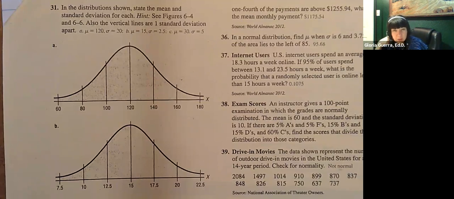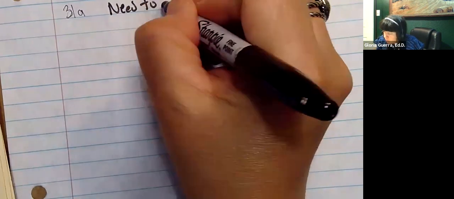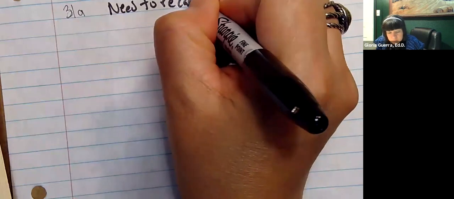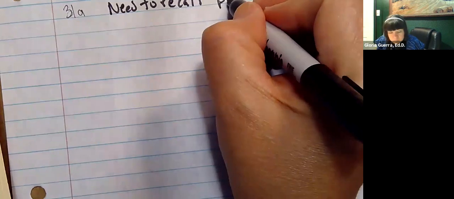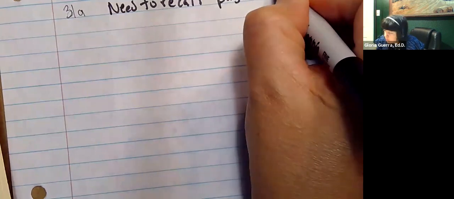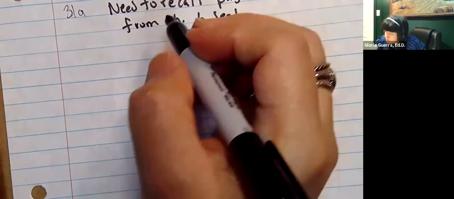Okay, so I did sketch out figure 6.4 and 6.6. So I do have a figure here of 6.4. I have a note here that we need to recall. I have here from page 307 from chapter 6, section 1, this picture.